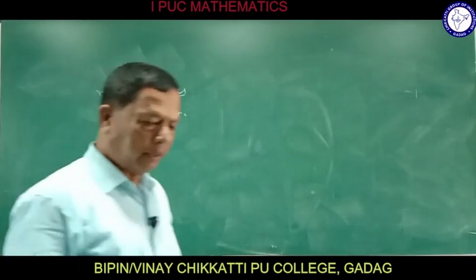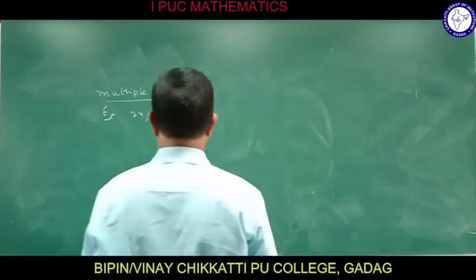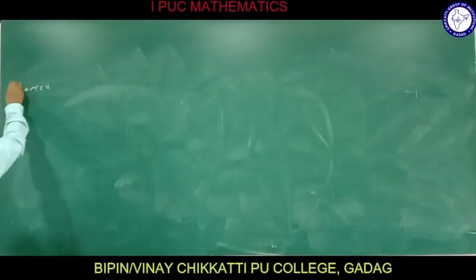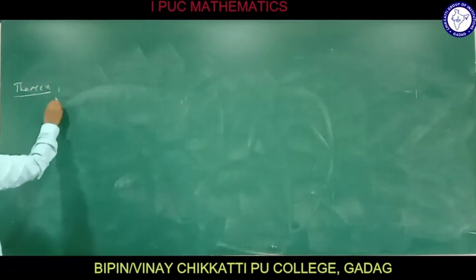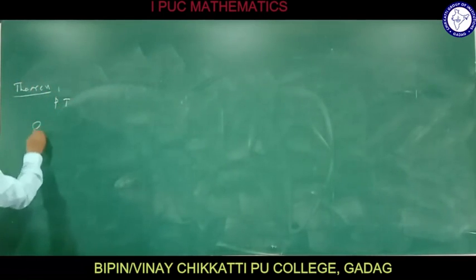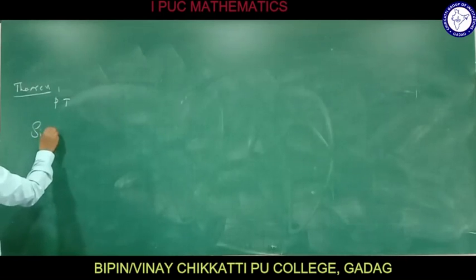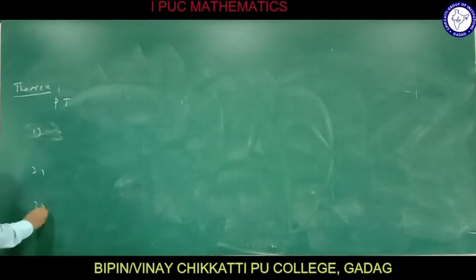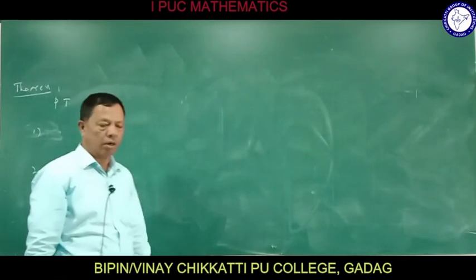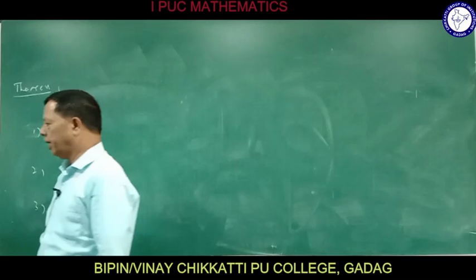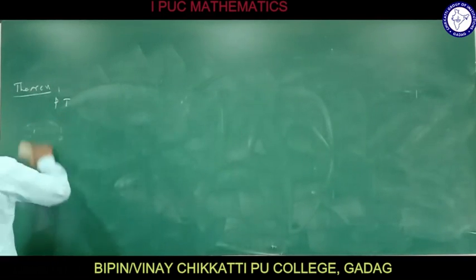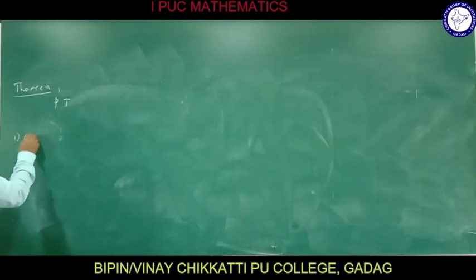Now, I prove the results in multiple angles, in theorem 1, see how to prove this. Sine, cos, tan only you have to go for, and accordingly we have to prove the result. First I want to go for the result cos 2x.